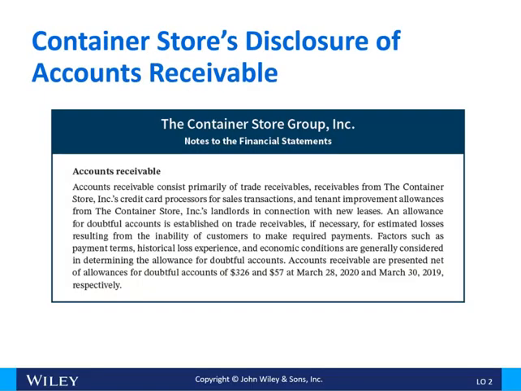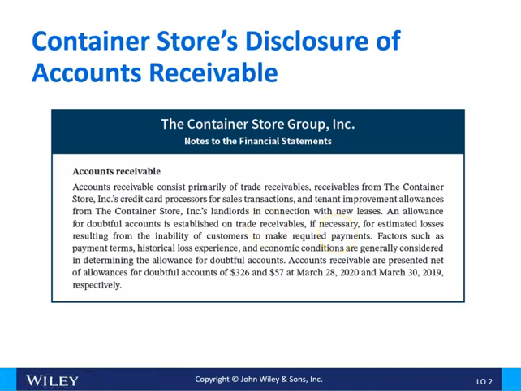Here's another disclosure on accounts receivable, this one from the Container Store. They talk about accounts receivable being primarily trade receivables, receivables from the credit card processors, and tenant improvement allowances from the Container Store landlords in connection with new leases.